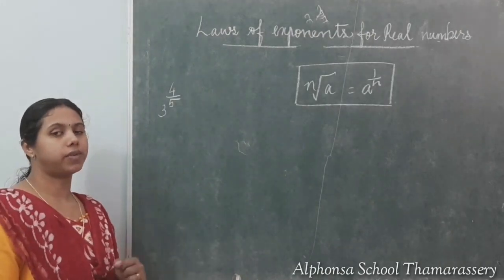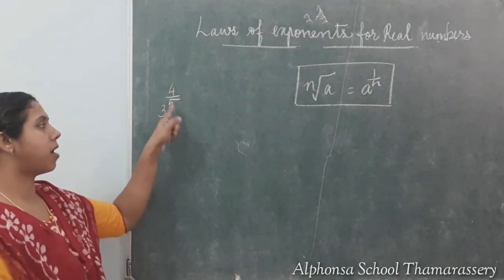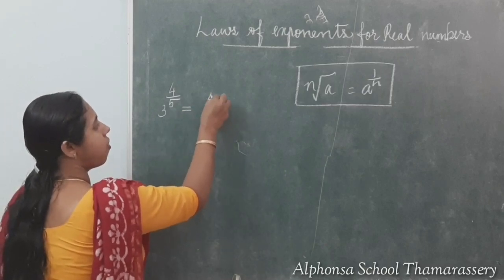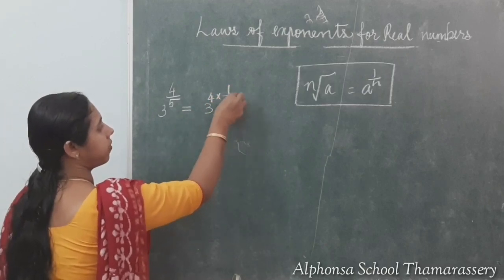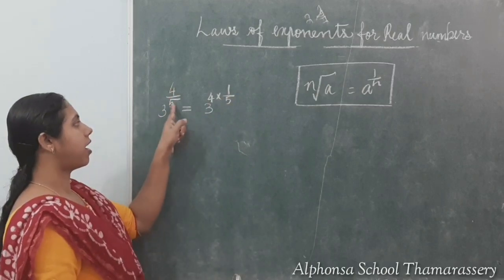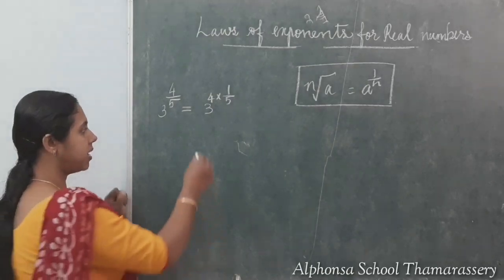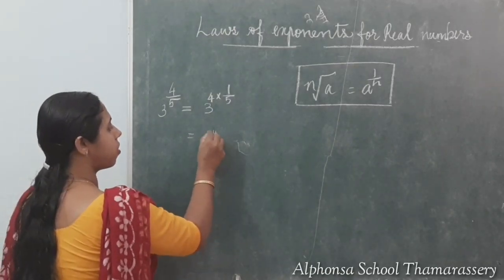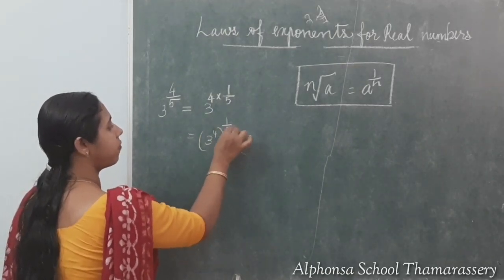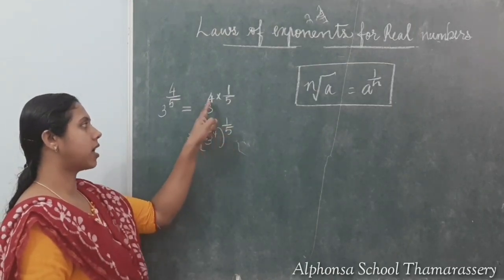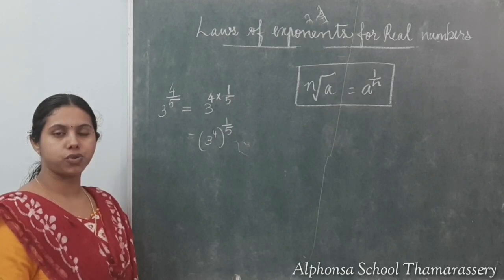So using this, we can write 3 raised to 4 by 5 as 3 raised to 4 into 1 by 5. That means 3 raised to 4 whole raised to 1 by 5, since a raised to m whole raised to n is equal to a raised to m into n.